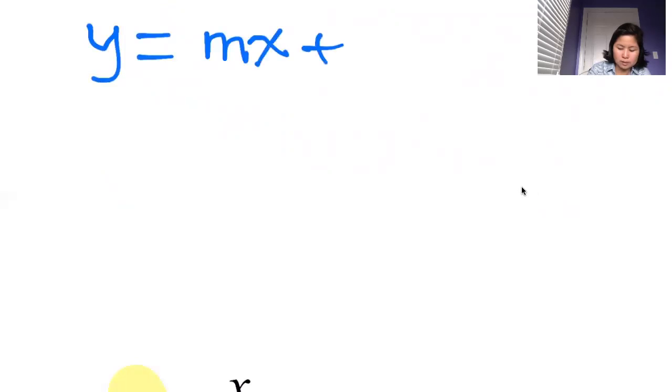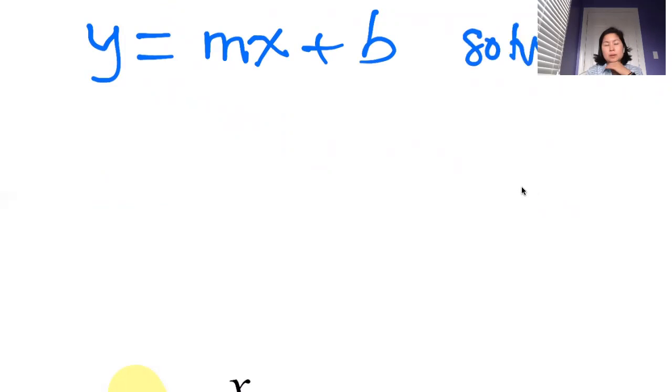If you can copy it down somewhere, let's see, I have y equals mx plus b, and I want you to solve for x. This is the type of problem where either some of you did really well or really struggled with it. So I want to go over this example. We're going to practice this. I believe this should be the first problem for you to practice.